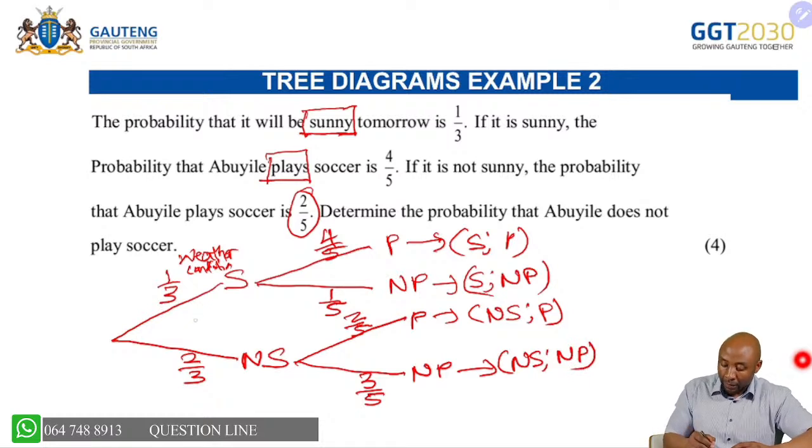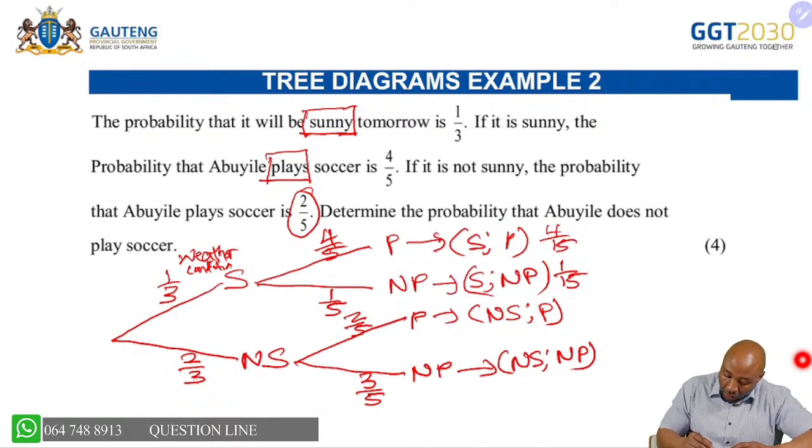We are able to calculate our probabilities. Our outcomes become 1/3 multiplied by 4/5, which gives us 4/15. 1/3 times 1/5 gives us 1/15.